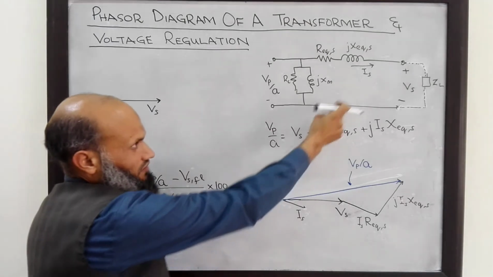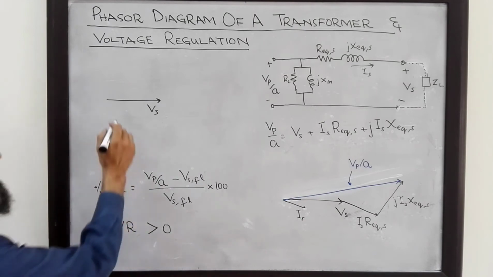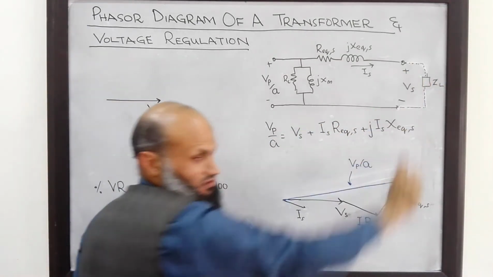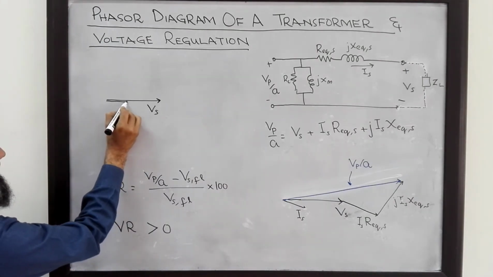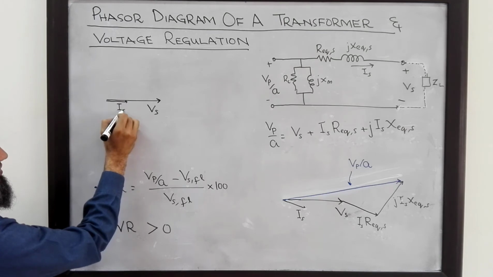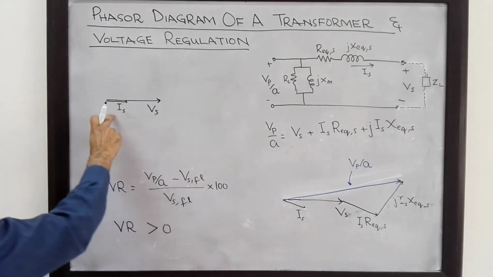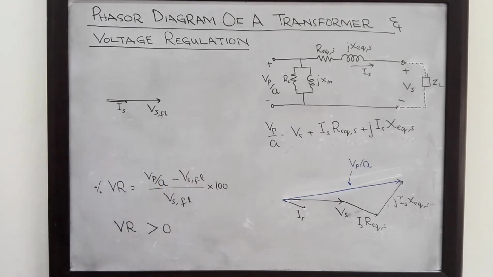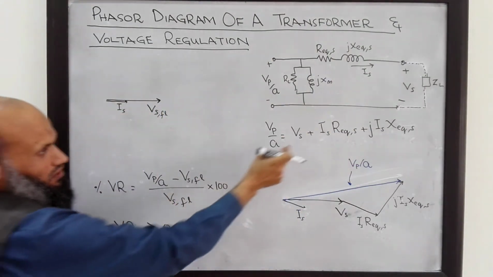And now, since we have connected a resistive load, the current which flows through this resistive load will be in phase with the voltage across this load. So this is the phasor for the secondary current. We have connected the rated load, so rated current will be flowing. So let's call it full load or rated load. What is the phasor for this one?